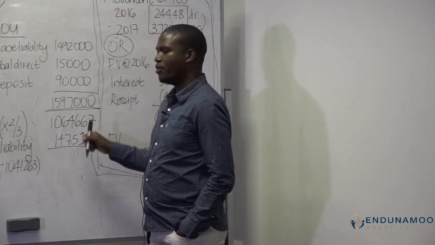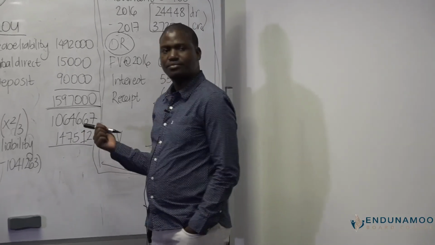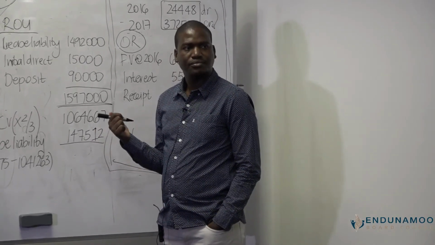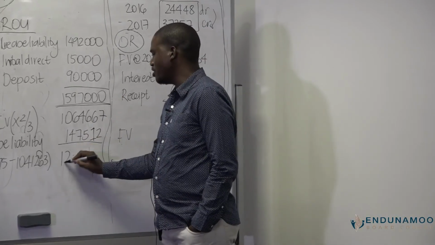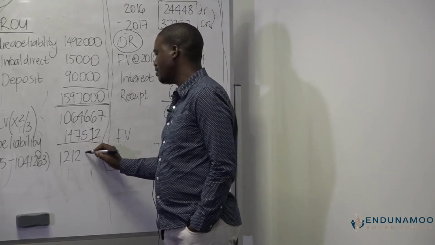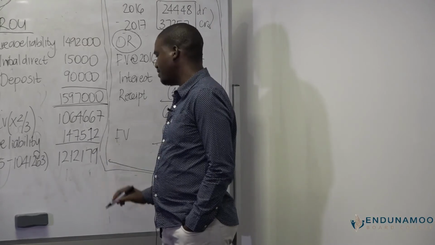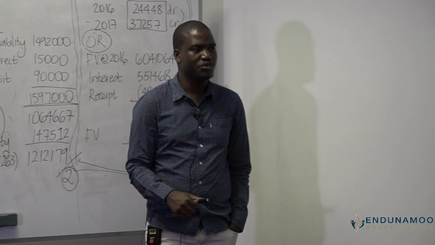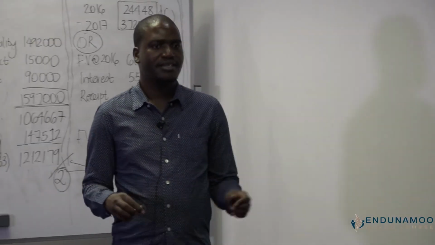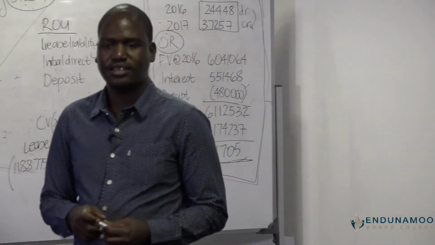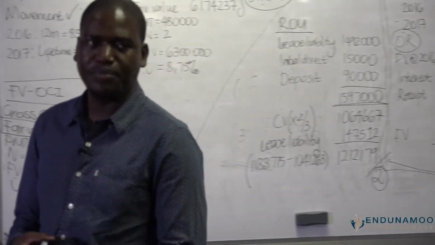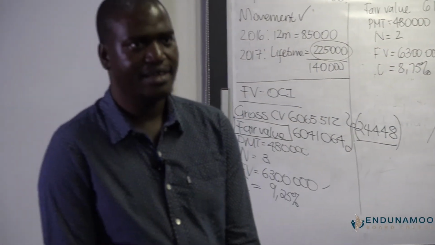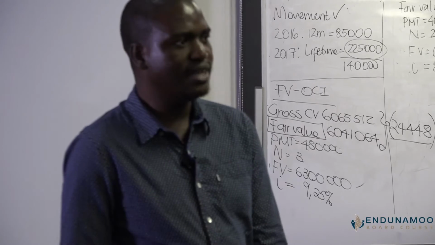When you add it up, what do you have? 1,212,179. Divide by what? The remaining lease term of 2. To get what? To get that as your depreciation for the year. Do we all see that?